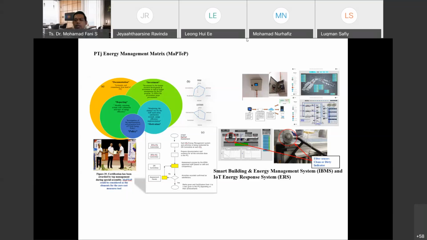Another thing is the IoT system here, and we have upgraded the BMS with temperature details and energy details, and we also put in a filter sensor for cleaning and integration to the maintenance part.